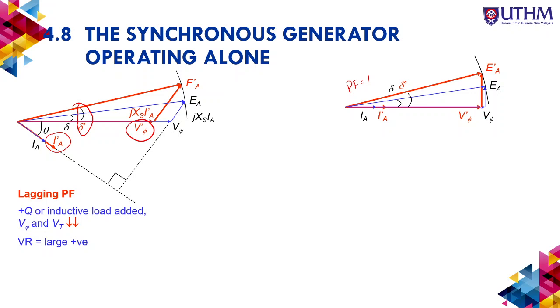So the effects of an increase in load at unity power factor: the V phase, or terminal voltage, will drop slightly, and EA will be maintained. IA will be increased, and this angle will also be increased.